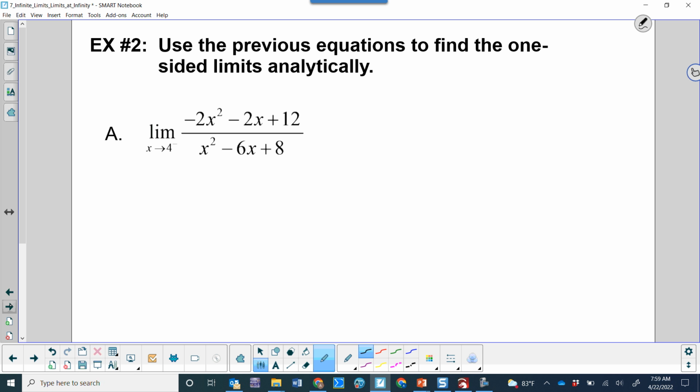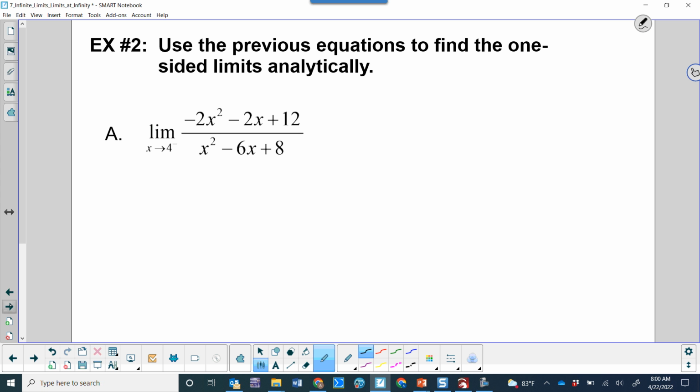So here we're going to figure out those limits analytically instead of doing them the way that we did there, just by looking at the graph.